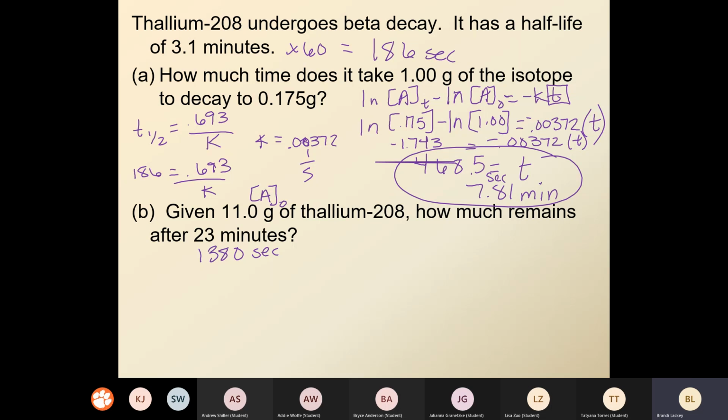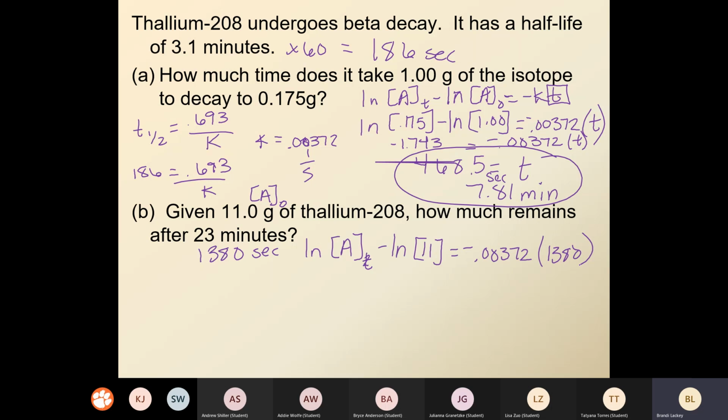So we have natural log of A sub t, which is what we don't know, minus natural log of 11 grams, is equal to negative k, that 0.00372, times our time, which we said was 1380. I'm going to simplify a little bit.